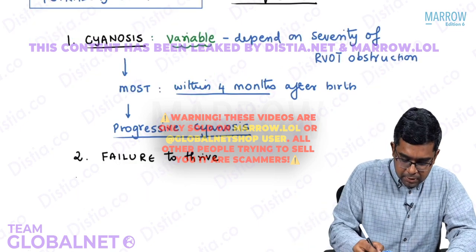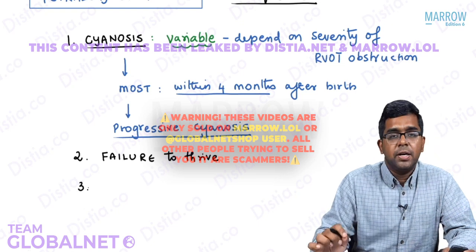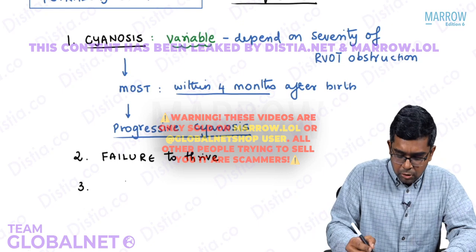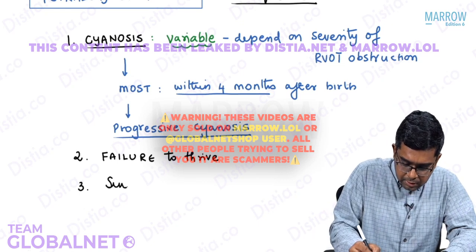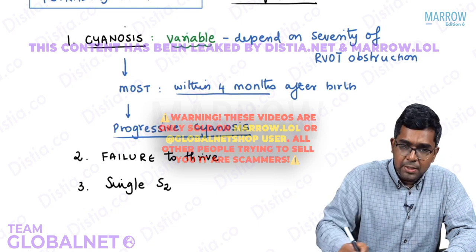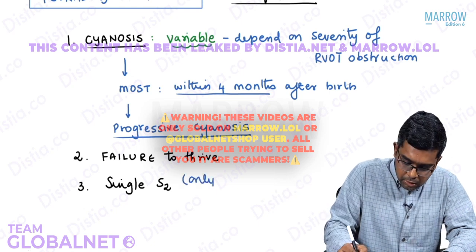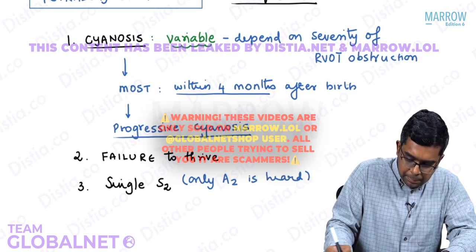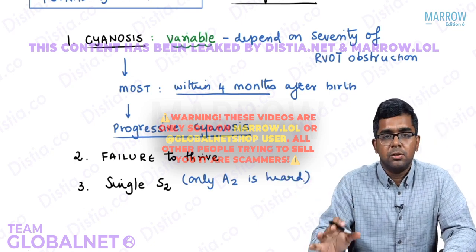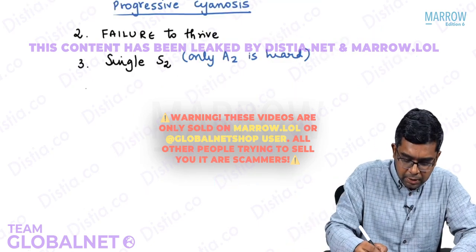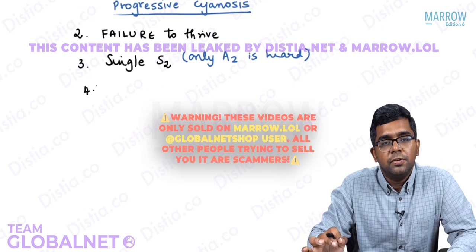The third important feature is some findings which you get on examination of this child. When you auscultate these children, you will hear a single second heart sound. The reason being, only the aortic component or A2 is heard. The pulmonary component is usually not heard because of narrowing in the pulmonary region. And can you get any murmur in case of tetralogy of Fallot?